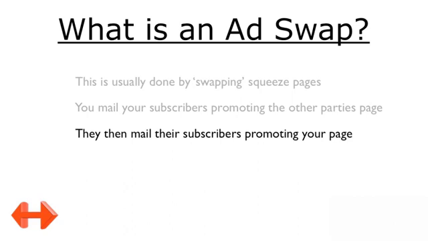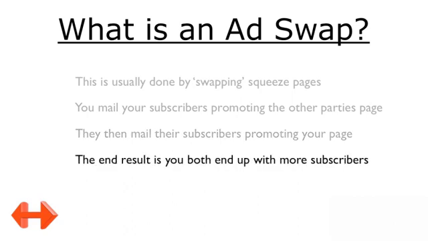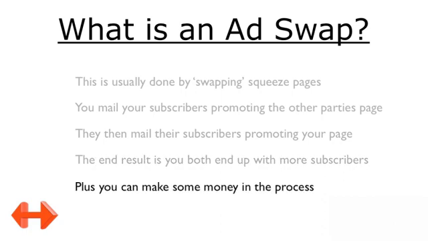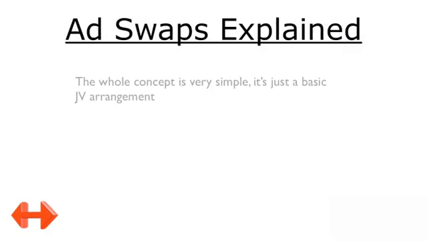Pretty simple stuff, isn't it? The end result is you both end up with more subscribers. Plus, if you do this right, you can make some money in the process. So the whole concept is very simple. It's just a basic JV arrangement.